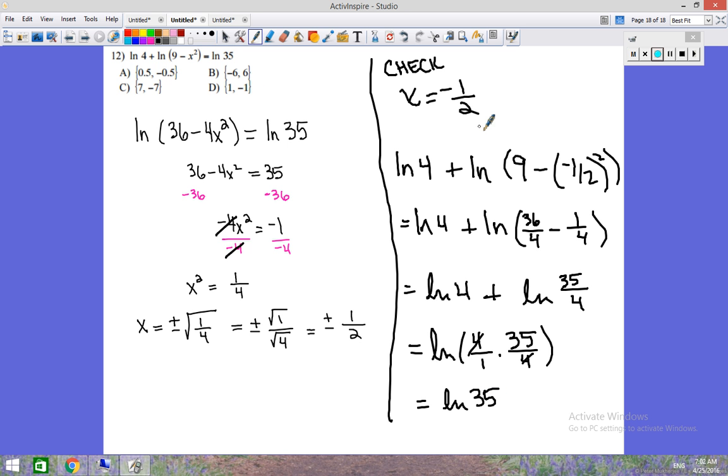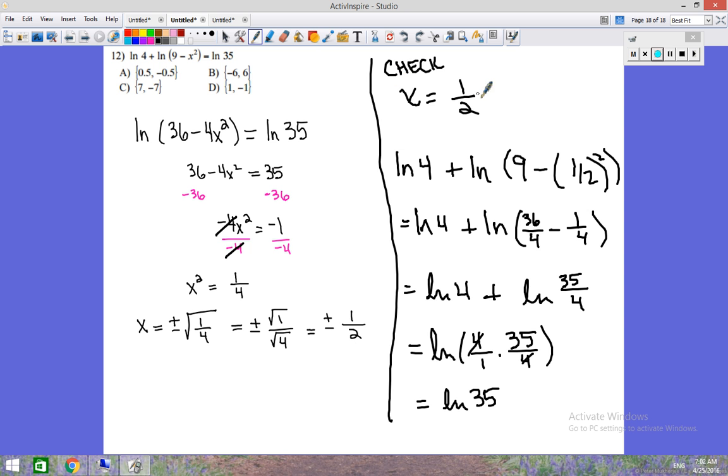So we know that negative 1/2 is going to check, and it's easy to see that positive 1/2 will as well, because when we squared the negative 1/2, we got 1/4. When we square positive 1/2, we get 1/4. From there, everything is the same, so this one checks as well.